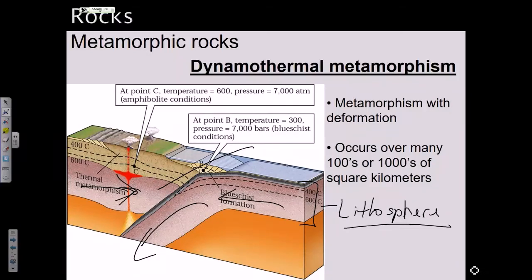And so one way to get rocks to go down into the Earth's interior is at plate boundaries, okay, where they get subducted.